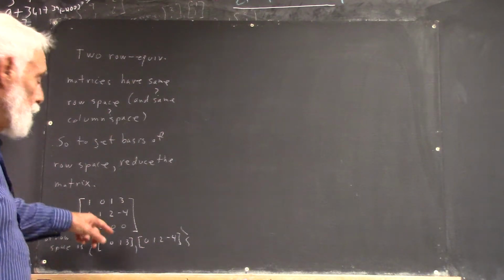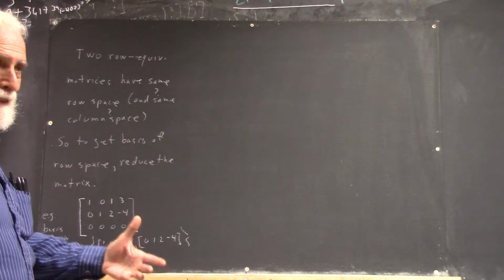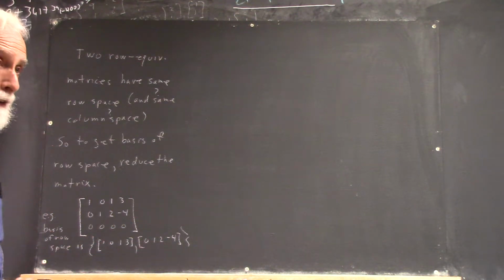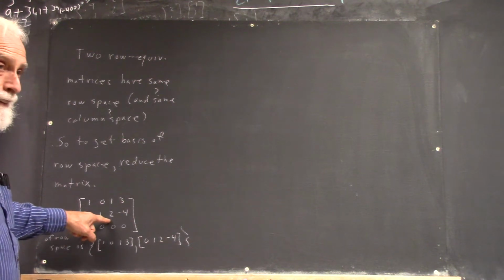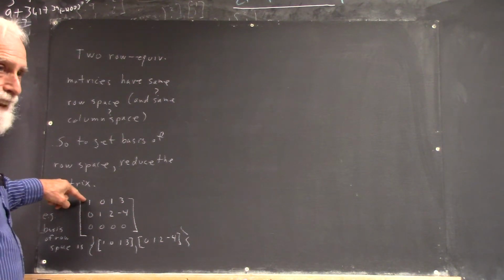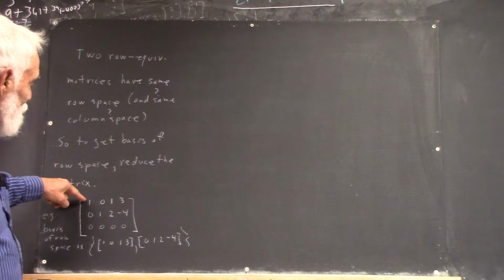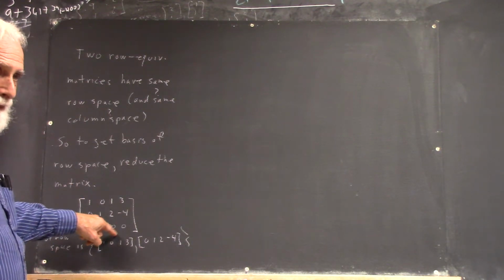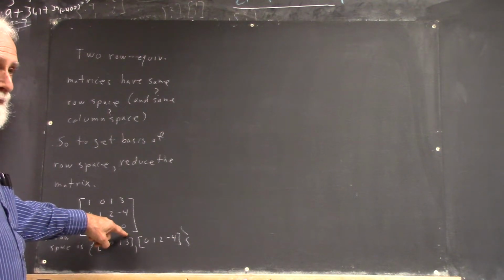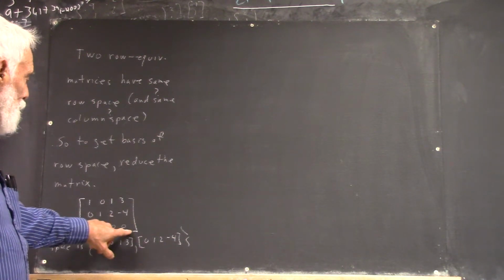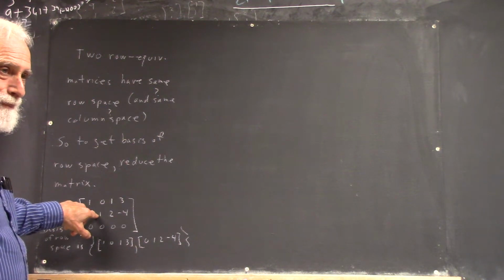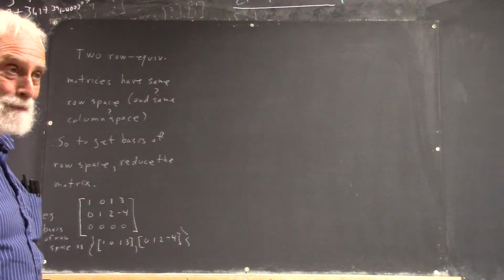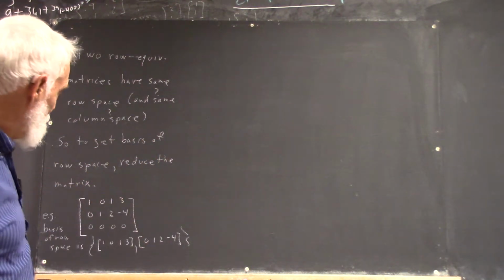If you have leading ones in every column that isn't all zeros, they have to be linearly independent, because no way any multiple of this one can have a 1 here. So this is clearly not a multiple of this, right? And if you had another row with a leading 1, say here, well, no sum of multiples of this row and this row could give you 1 here, because you've got nothing but zeros below each leading 1. So it's very clear.